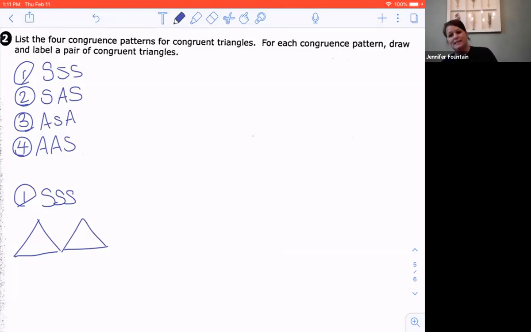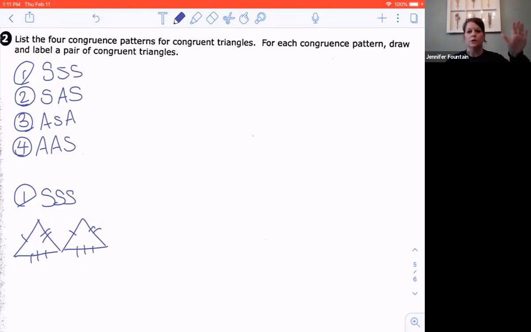When I'm showing side congruence, I'm going to use my hash marks. So if I start with my first one, then I'm going to have one hash mark that matches up with the side of the other triangle. So for my second side, I'm going to use two hash marks. And for the third one, 1, 2, 3. Okay, so that shows me side, side, side.